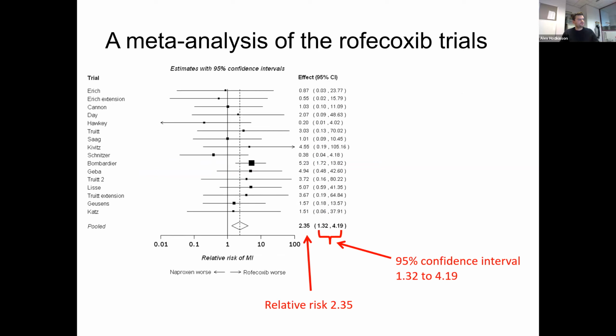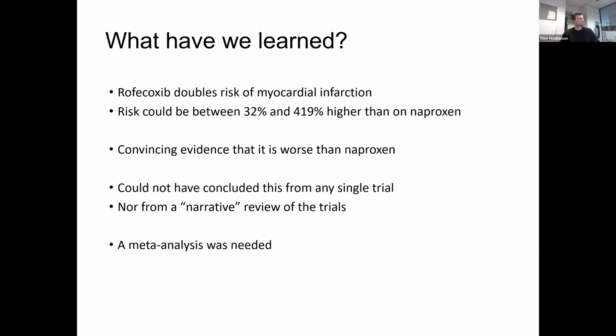It showed a statistically significant increased risk of myocardial infarction events when taking Rofecoxib compared to naproxen, and it was 2 times higher risk than naproxen. So Rofecoxib doubles the risk of a myocardial infarction, and this confidence interval was quite wide, but it's still obviously statistically significant, ranging from 30% up to 419% compared to the standard therapy.